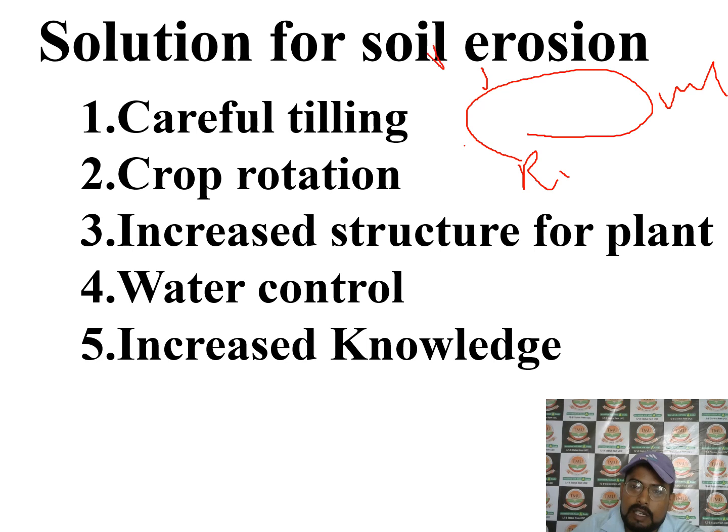Second is pulse crops and cereals, so do not create a monocropping system. Rotate crops with deep rooted and shallow rooted systems, which increases soil fertility and improves soil structure for the plants.